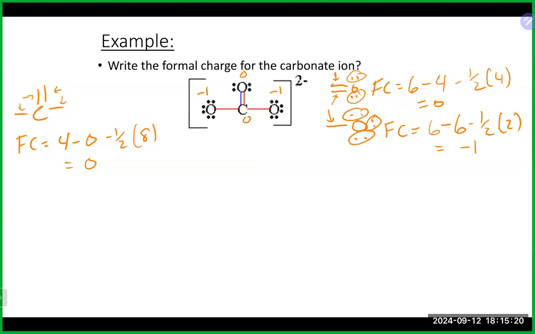In this particular case, the -2 for this polyatomic ion is actually on those 2 single bonded oxygens. That is where the -2 comes from. It does match the overall charge, which typically the formal charge should. It should add up to the overall charge of whatever it is. If it's neutral, it should add up to 0. And if it's not, then it should add up to the charge.